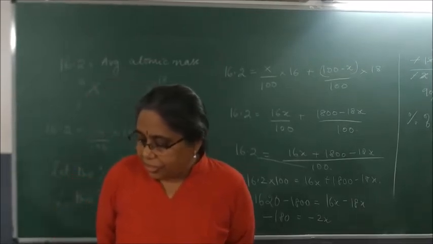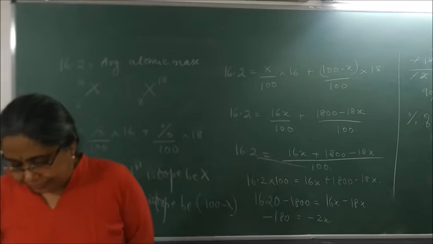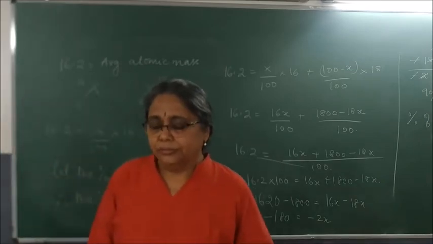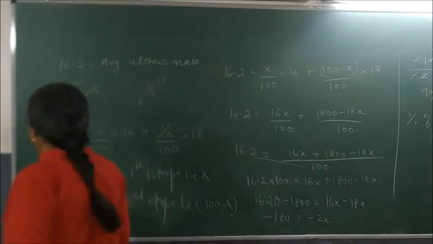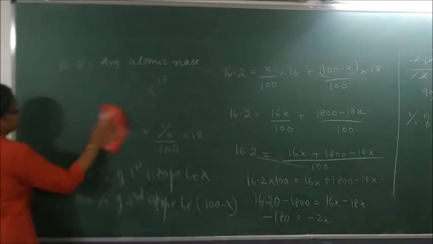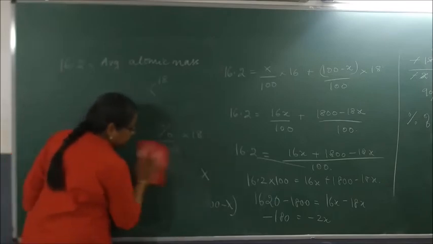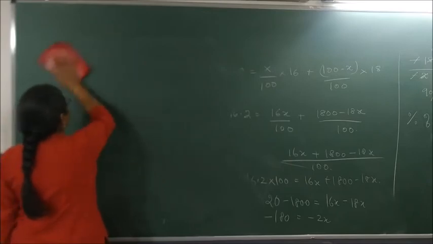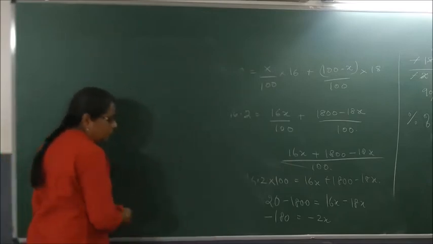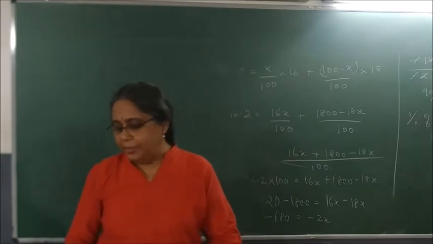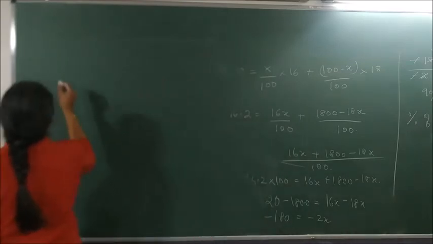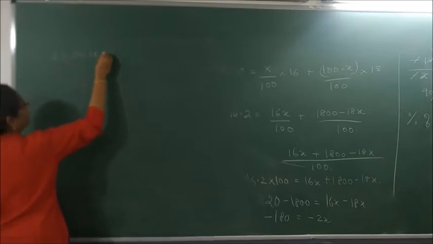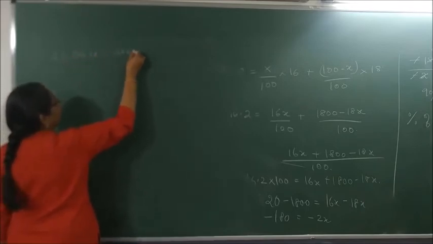Write: the average atomic mass of a sample of element X is 23.04 U. This is average atomic mass.